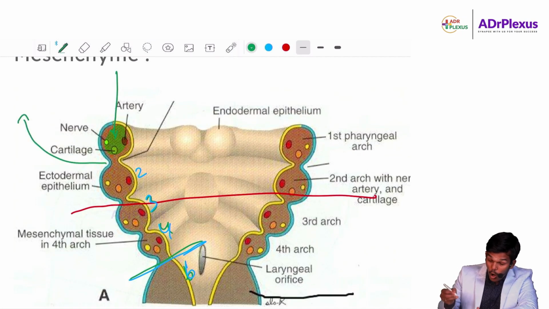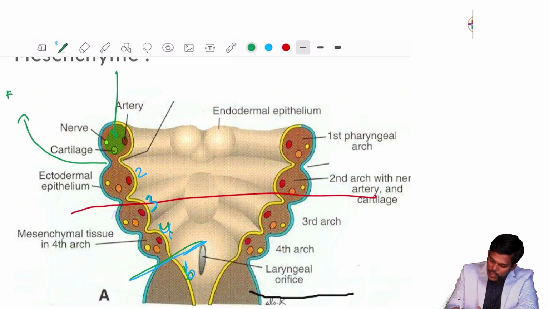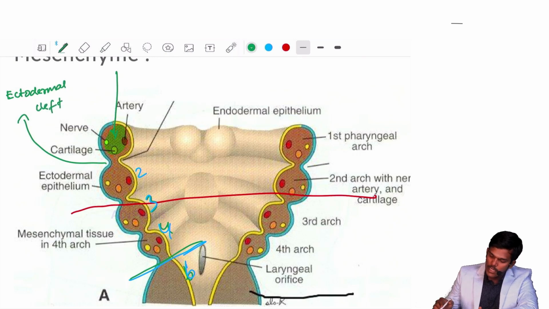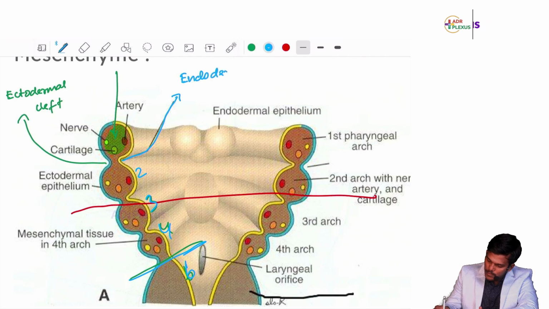Externally, all the pharyngeal arches will have a cleft. That cleft is called ectodermal cleft. Internally, there will be endodermal outpouching. Clear?